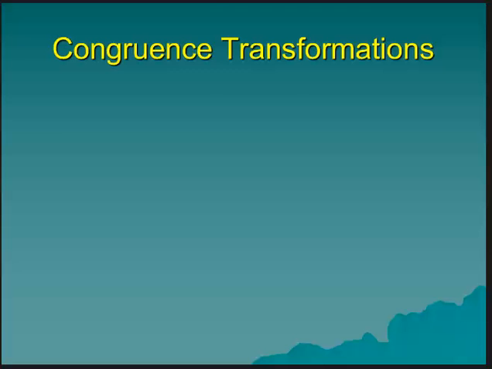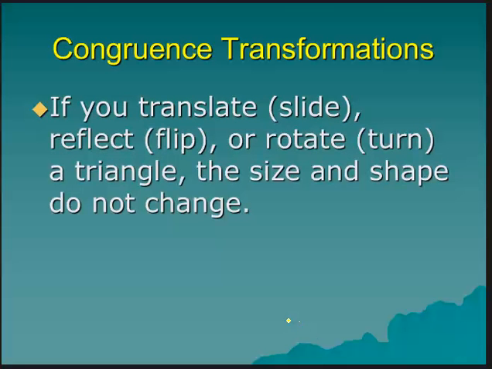Okay, and the last thing is I want you to understand that of our transformations, 3 of them maintain congruency, which means after we undergo the transformation, the size and shape did not change, just the orientation.